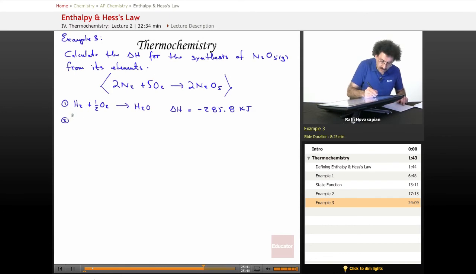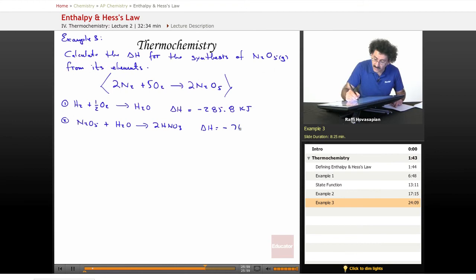Our second equation is N2O5 plus H2O goes to 2HNO3, which is nitric acid. The delta H of that is negative 76.6. Exothermic.